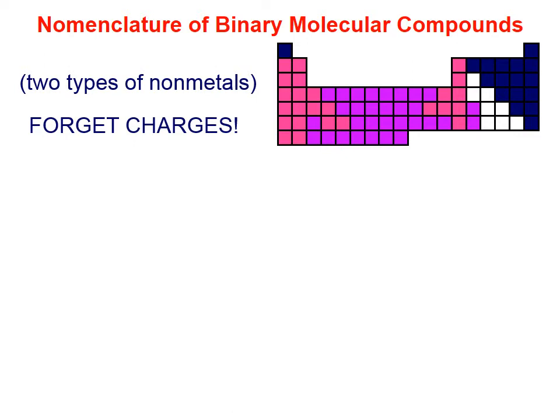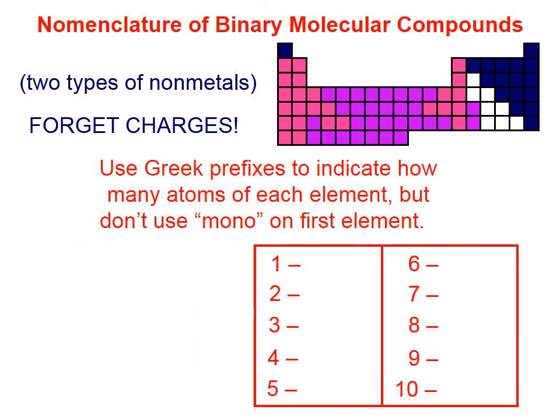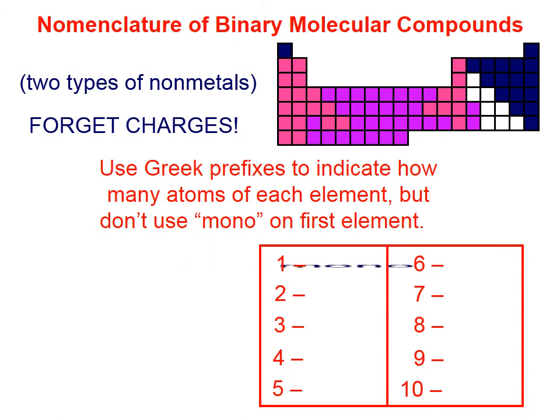When we do this, we are forgetting any charges that these atoms might form when they're bonded to things like metals. Charges go pretty much completely out the window. What we do is we use certain Greek prefixes to indicate how many atoms of each element.